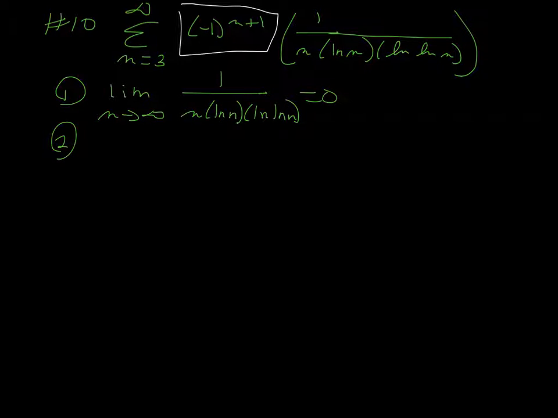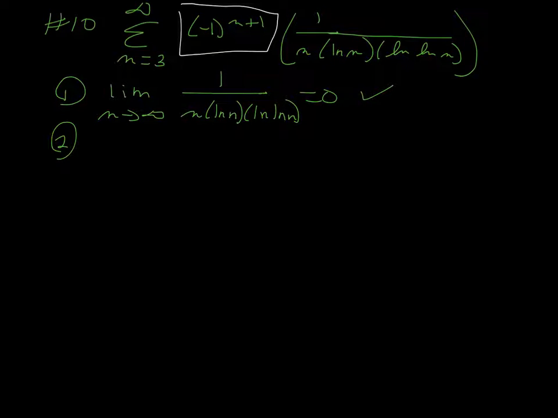Just looking at the ln of ln n: if ln n has n equal to infinity, that would be infinity, and then we take ln of infinity, and again that would be infinity. So the limit is definitely going to go to 0. So we've got the first condition met.